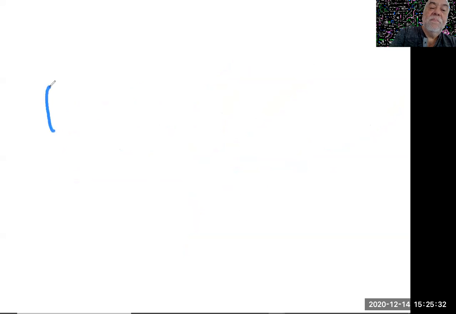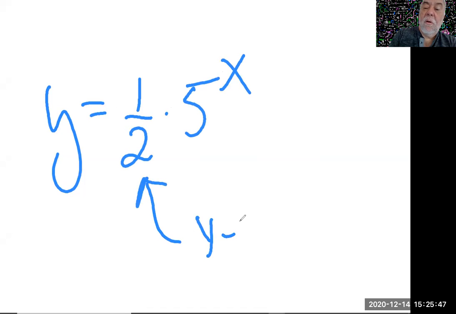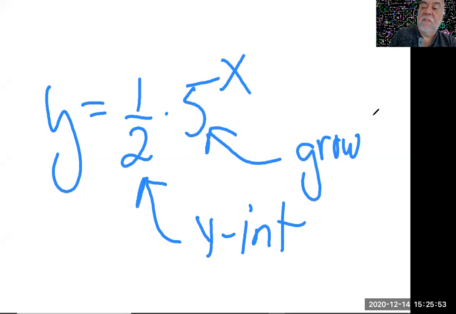I could say, is that growth or decay? See, some students might be fooled by this 1/2. That's just the y-intercept. But it's growth because the b value is greater than 1.